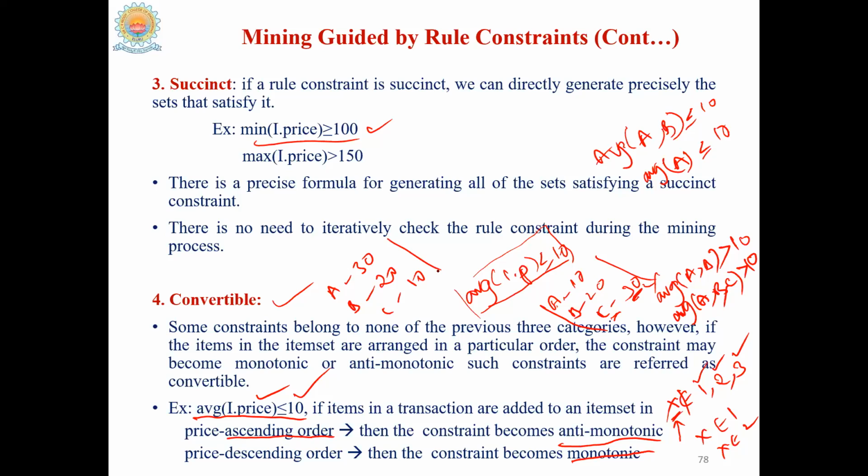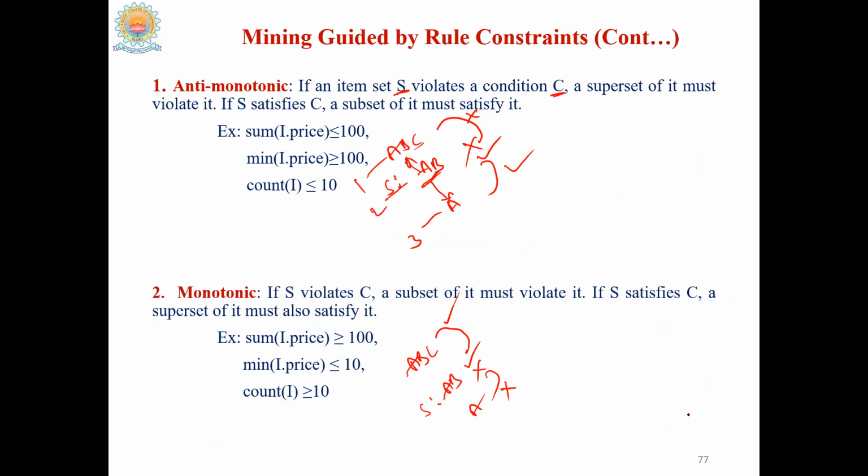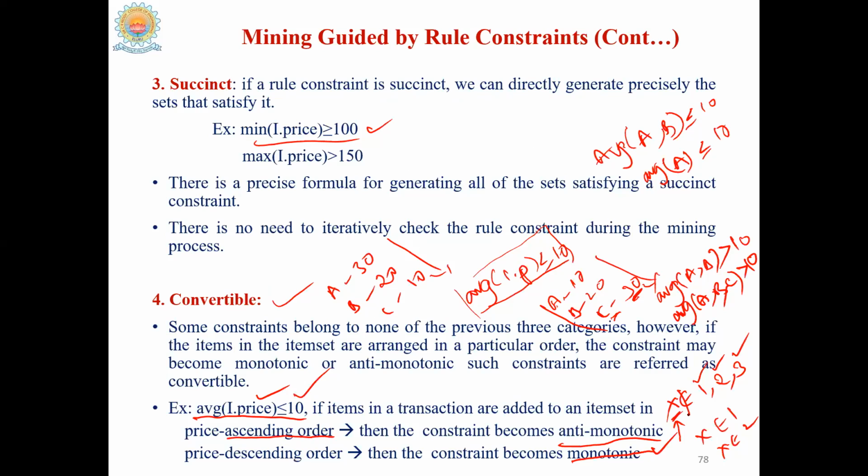That means the item sets are placed in descending order. You can verify by yourself how it satisfies the monotonic property, because we have the rules about what is monotonic and what is anti-monotonic.